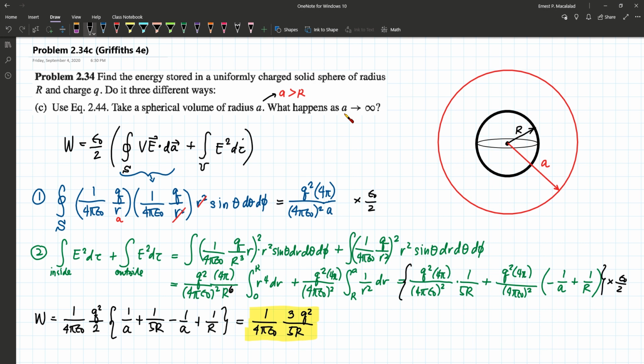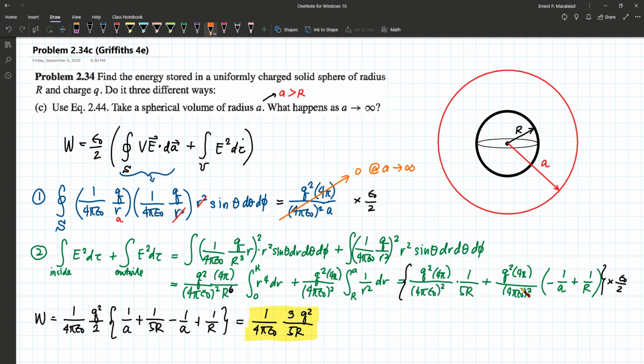Now, what happens as a approaches infinity? So as a approaches infinity, the contribution of this one goes to 0. So what does it mean?